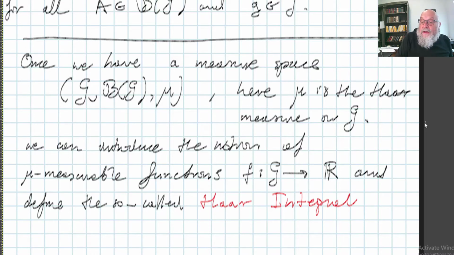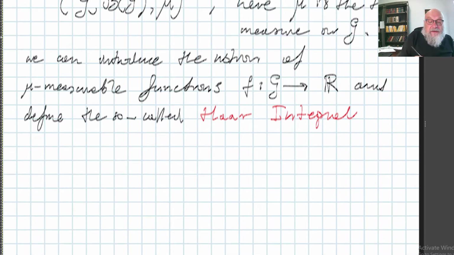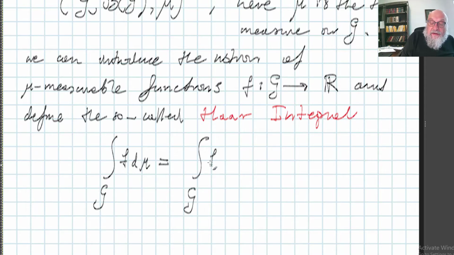In such a case, we write simply the integral over G of f d mu, and if you want to use the variables, this will be f of g d mu of g.